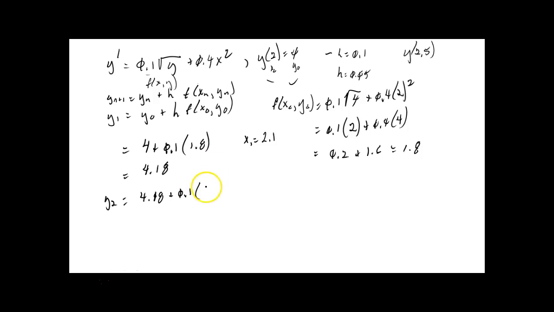So this will be 0.1 times the square root of 4.18, plus 0.4 times 2.1 squared.